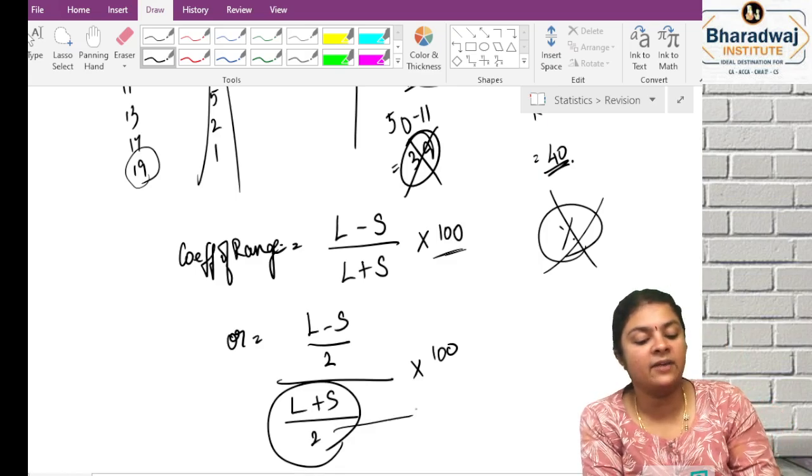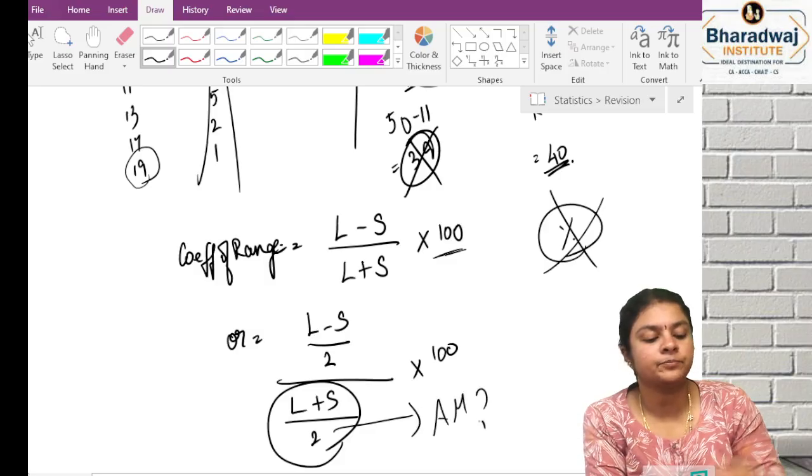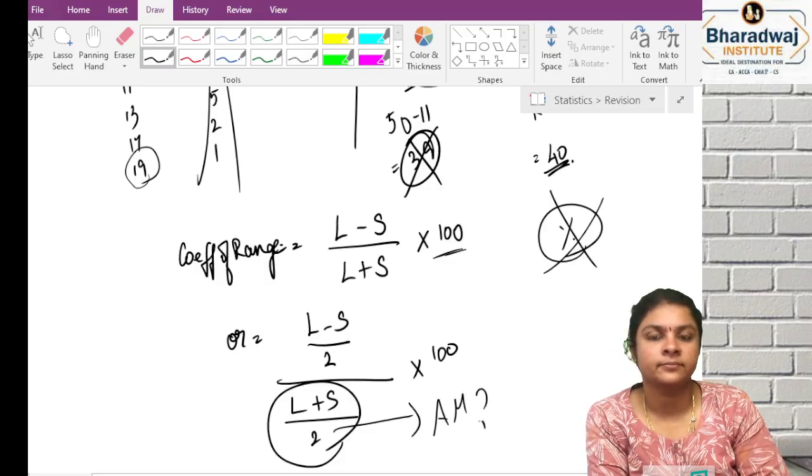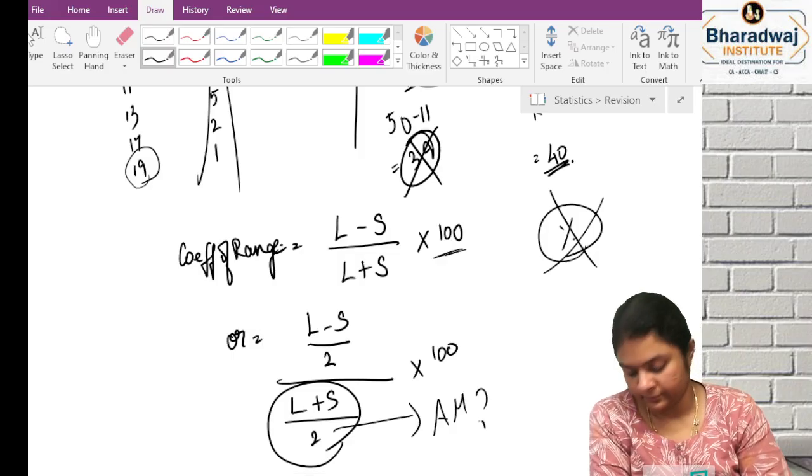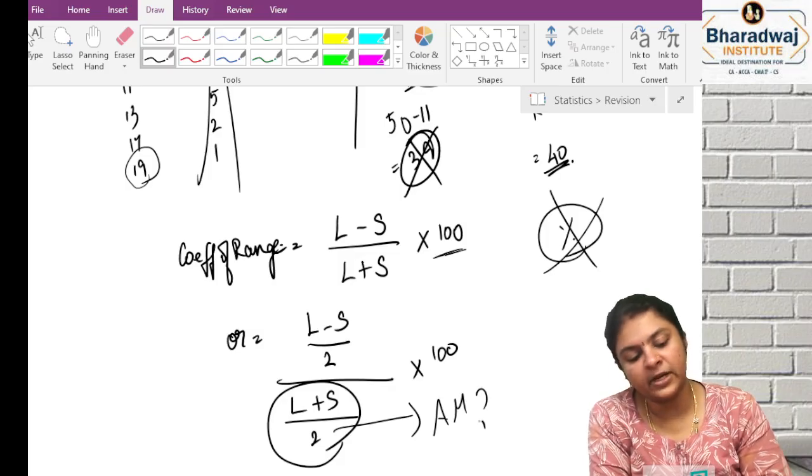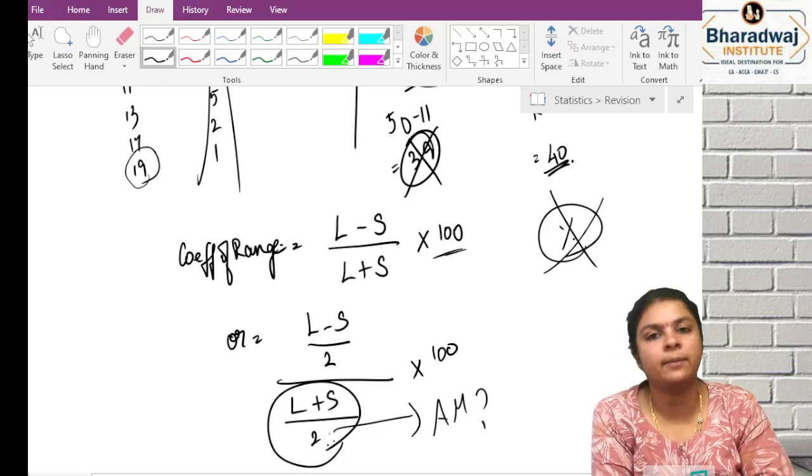So, can I convert this into arithmetic mean? Will it be right or wrong if I say this is arithmetic mean?